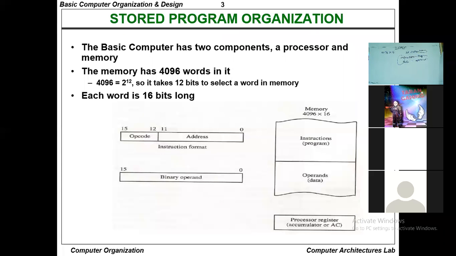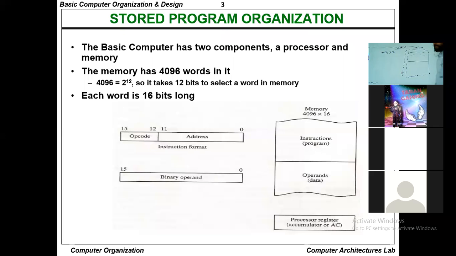This means our memory is of size 4096. Means we can store 4096 words in memory. 4096 into 16. This means 4096 words. इतने words memory में हम store कर सकते हैं.